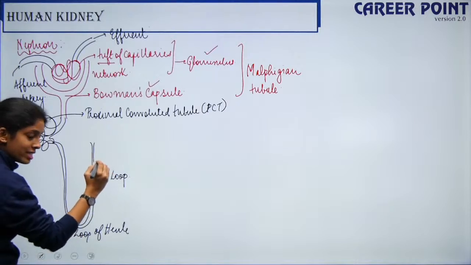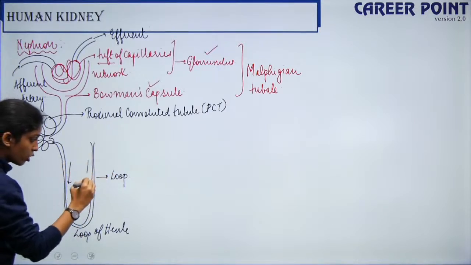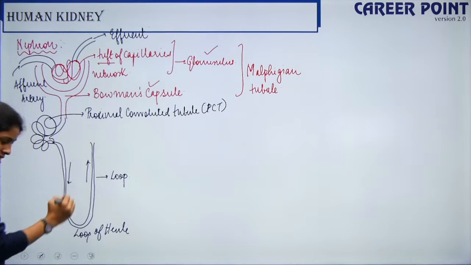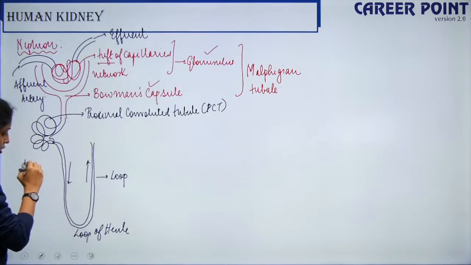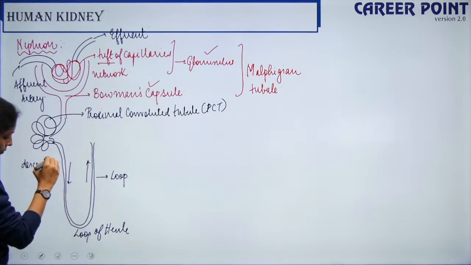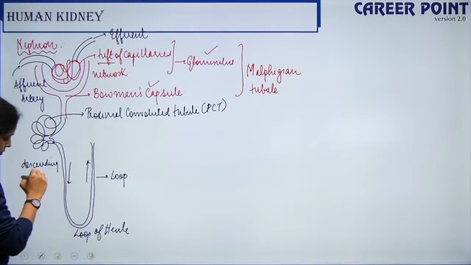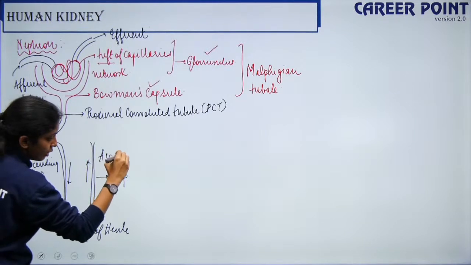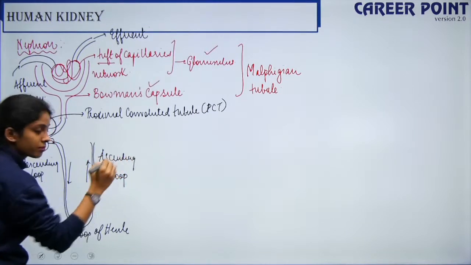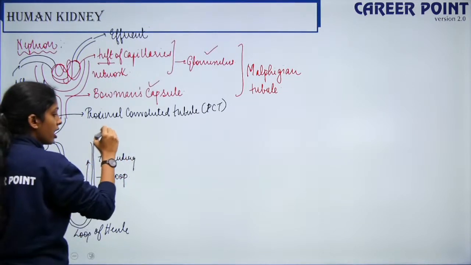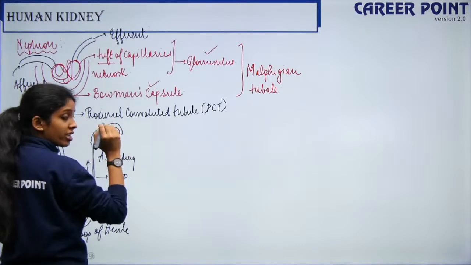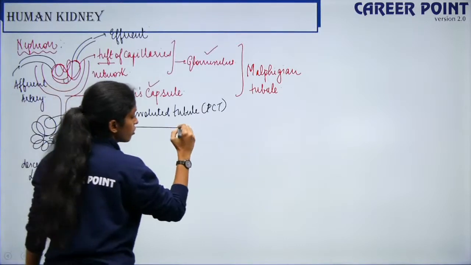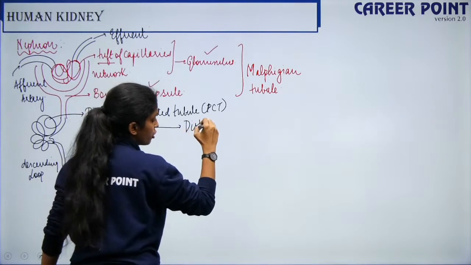This loop comes down and goes up like this. Since this side is coming down, it is known as the descending loop, and this side is known as the ascending loop. Here again I have another coiled structure, known as the distal convoluted tubule.